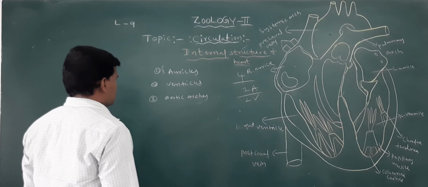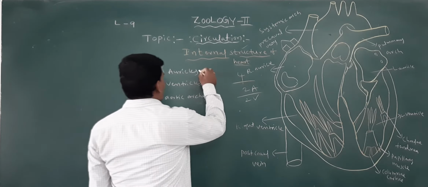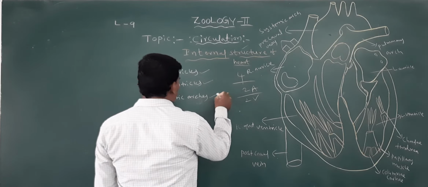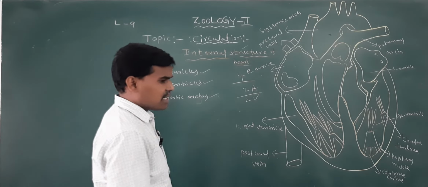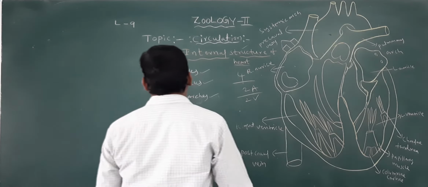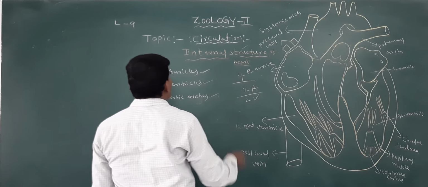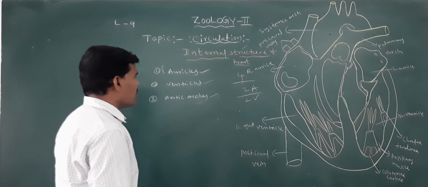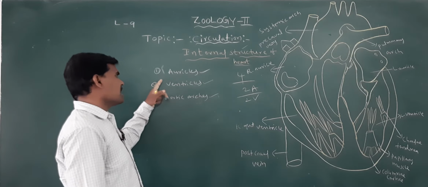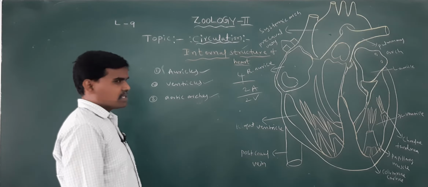So the internal structure consists of three parts: auricles, ventricles, and aortic arches.